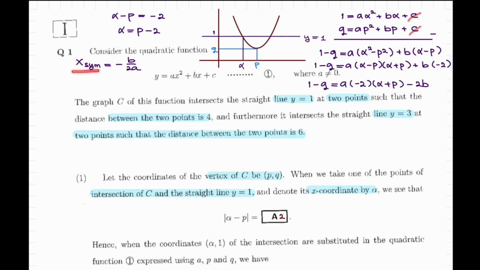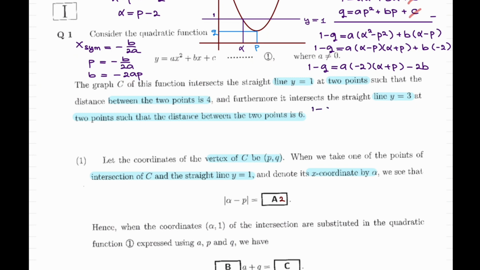The x coordinate of the vertex is p, so I have p equals negative b over 2a, then b is equal to negative 2ap. So now I will substitute alpha by p minus 2, and I will substitute b by negative 2ap. Then I think I will get the final answer.